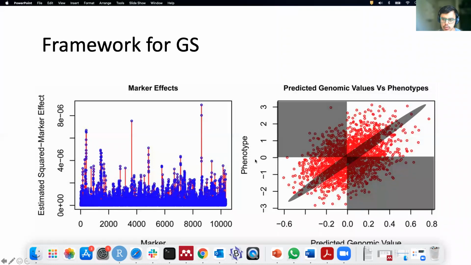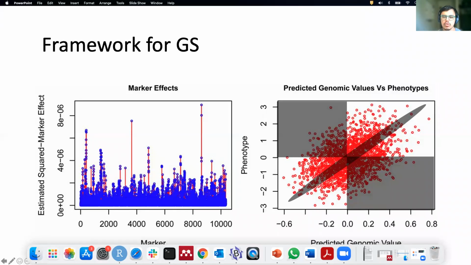But what I want to show you is the advantage of genomic selection, or how you can use genomic selection: to remove or select the top and the bottom of your breeding program. If your model is good enough, sometimes the correlation between the phenotype and the genomic value is going to be just 0.5 or 0.4.